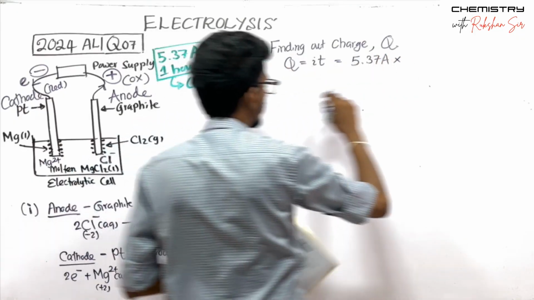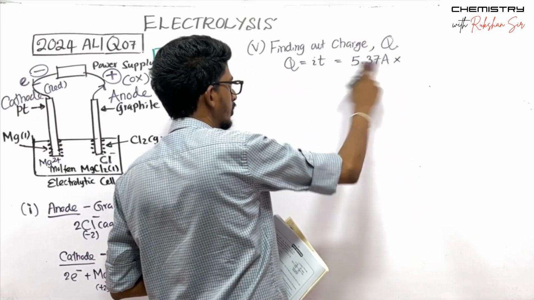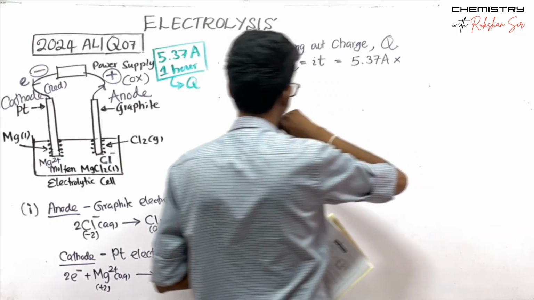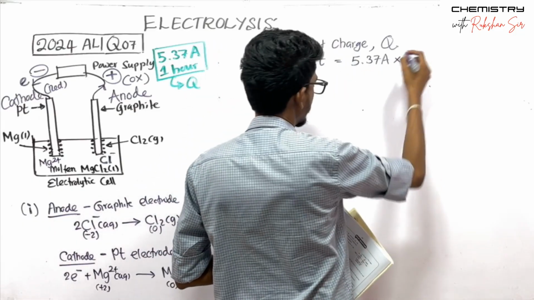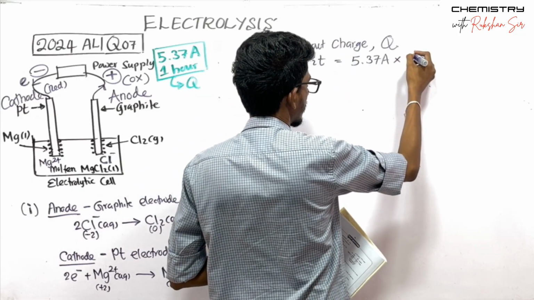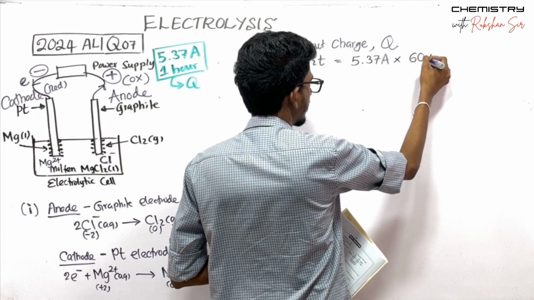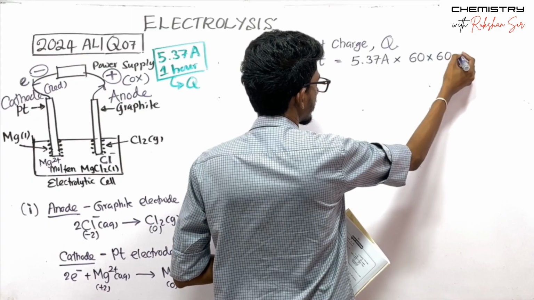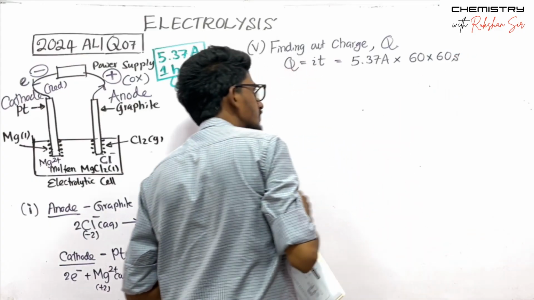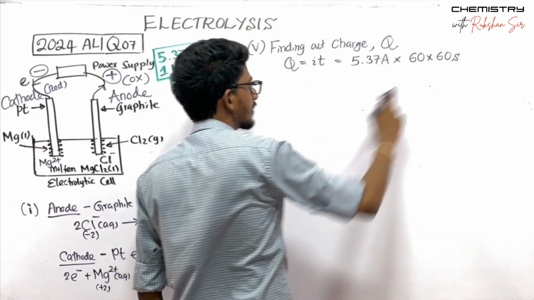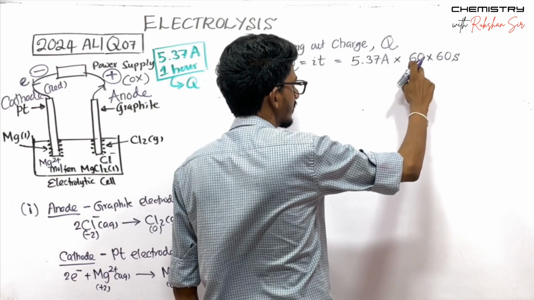T is 1 hour. You have to use the SI units, right? Then only you will get the answer in coulombs, the SI unit. 1 hour means 60 minutes, and 60 seconds is 1 minute. So 60 minutes are needed for the 1 hour.